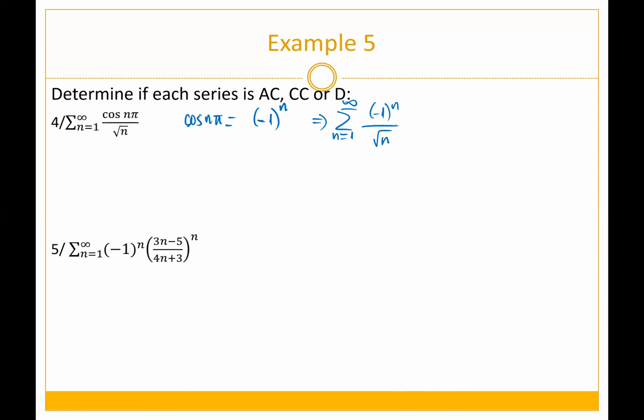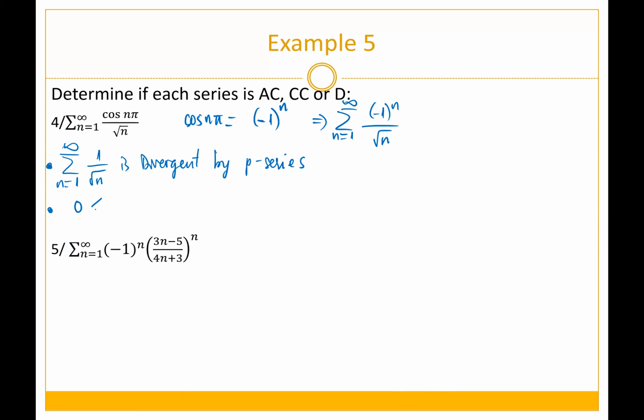Now you have the absolute series, 1 over square root of n. This is divergent by the p-series test, because p here is equal to 1 half, smaller than 1. But as I told you, if you have an alternating series and the absolute value is divergent, come back to the original alternating series and use the alternating series test.